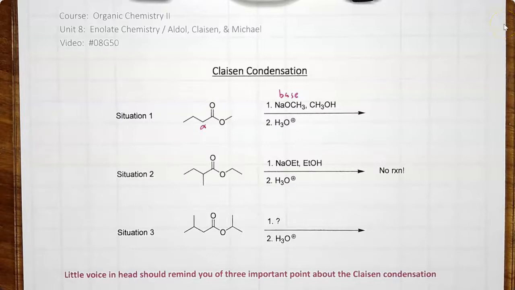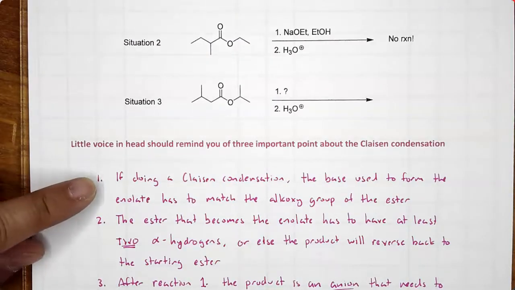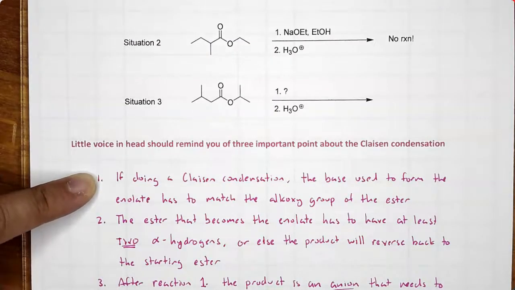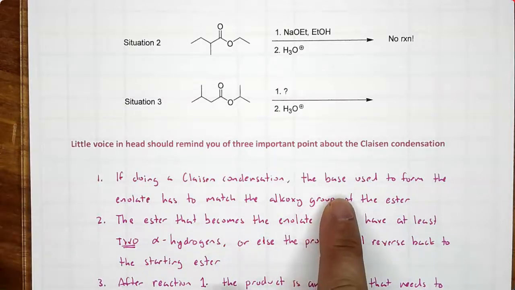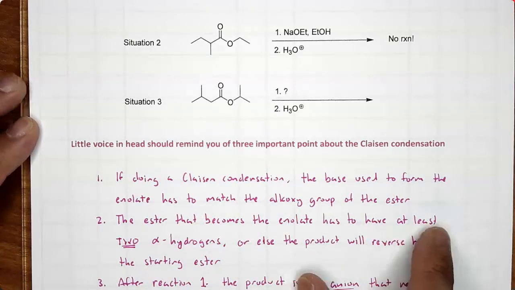I want to write down 3 important points that should be in your head if you think you're doing a Claisen condensation. Alright, first, if you think you're doing a Claisen condensation, the base used to form the enolate has to match the alkoxy group of the ester.